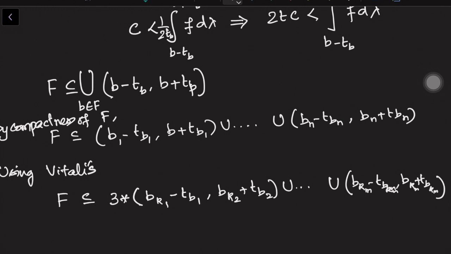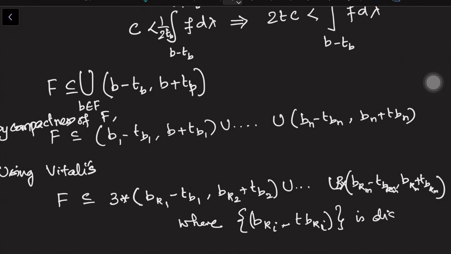So m such sets, where each of these, before the factor 3, are disjoint. So this collection of intervals is a disjoint and finite family.